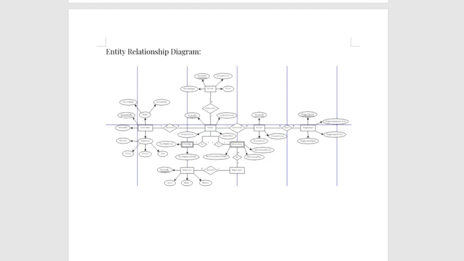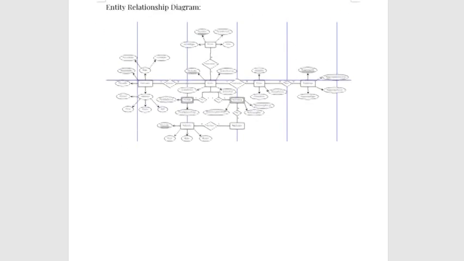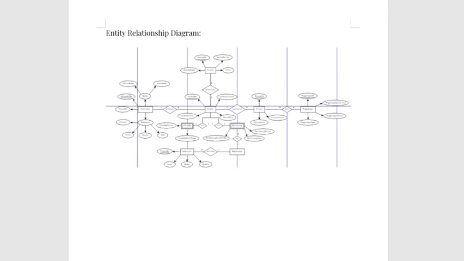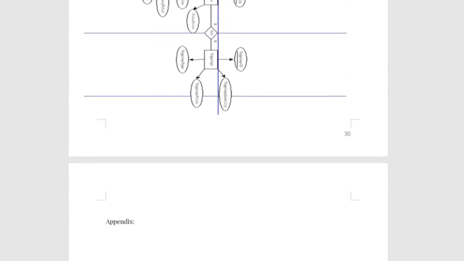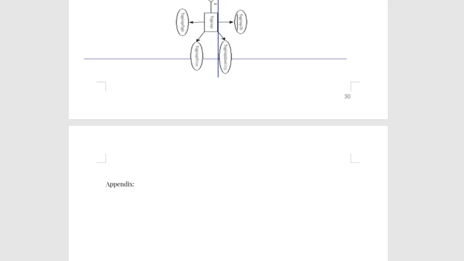For the entity relationship diagram, it is evident that many things depend on each other in this, order being at the center point of this whole operation. That is the ordering system for Pizza Palace.